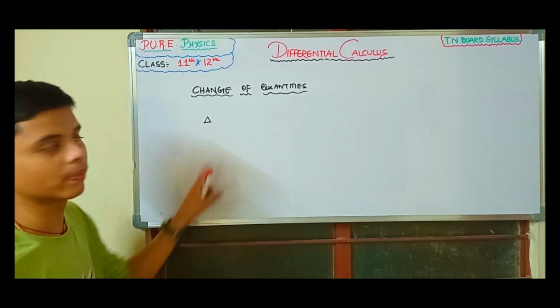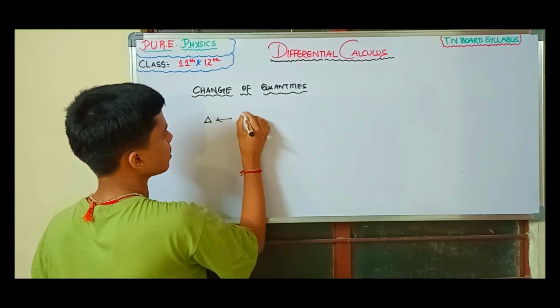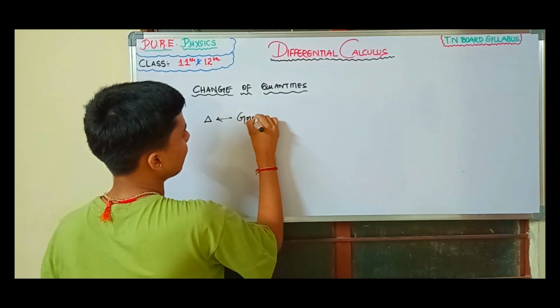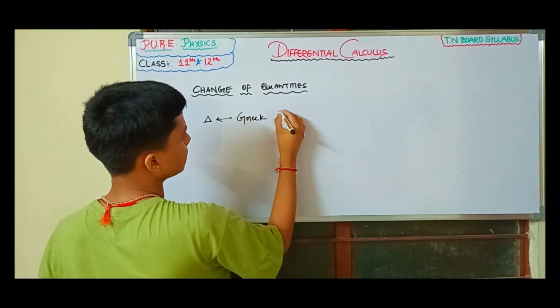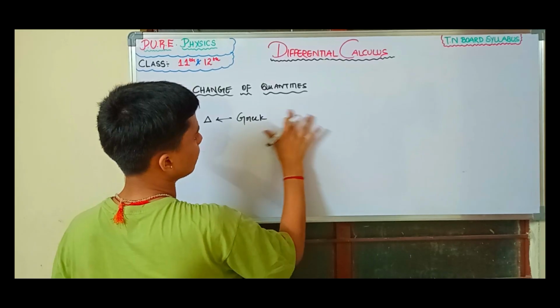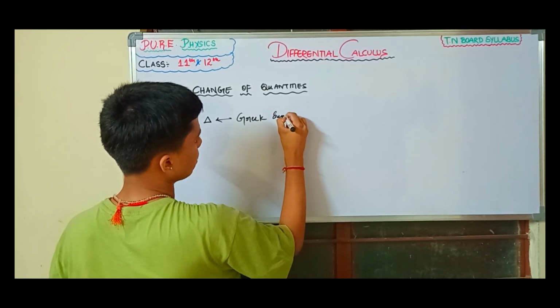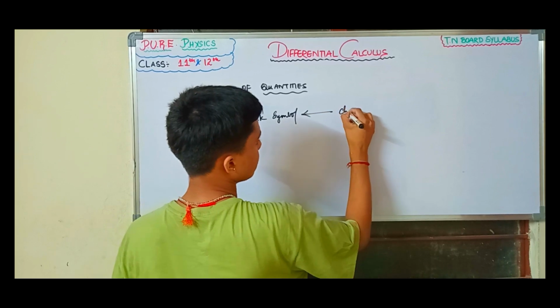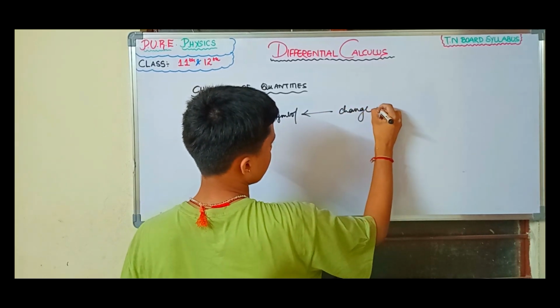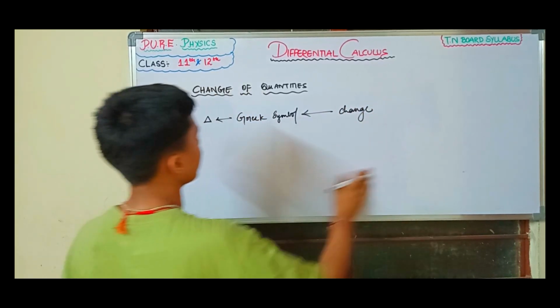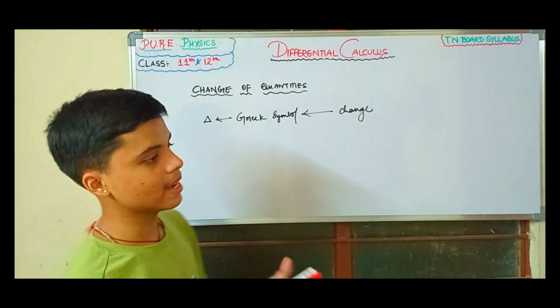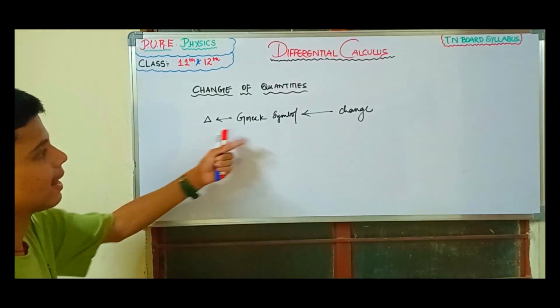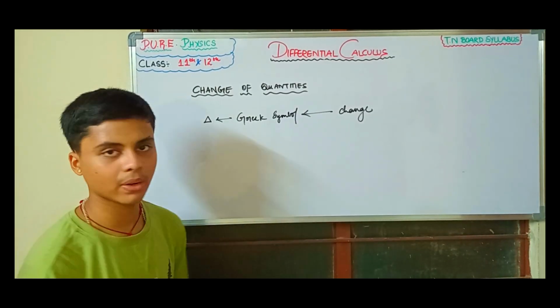This is a Greek word, the Greek symbol which represents change. Okay, so whenever we write the change in quantities, we write the symbol and the notation of the quantity.